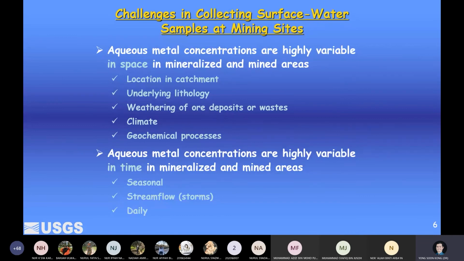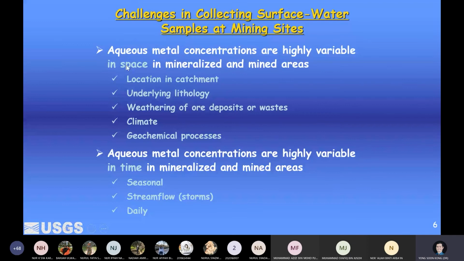That also might change the dynamics of the pollutants in the environment. And usually sampling plan have to be very mindful on those factors and factor in what are the things that you need to consider. There are so many variables, they vary so much. Least that you can do is understand the changes.